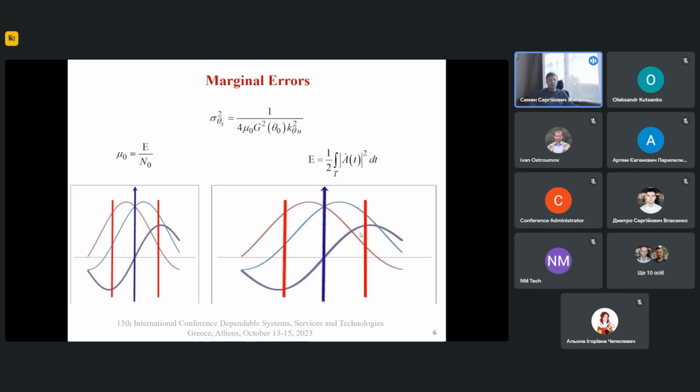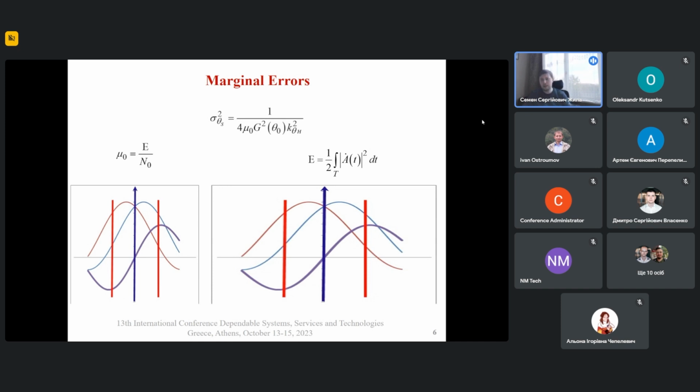And to understand the limit errors of these algorithms, we have calculated marginal errors also from that likelihood functional. We found that the limit error of angular measurements is inversely proportional to the signal to noise ratio of the received signal and the square of the maximum of the antenna gain in this direction.